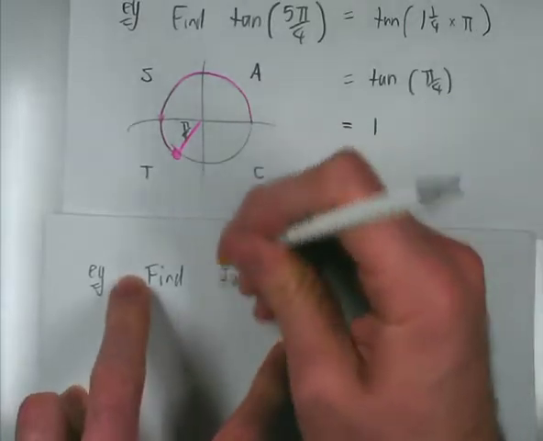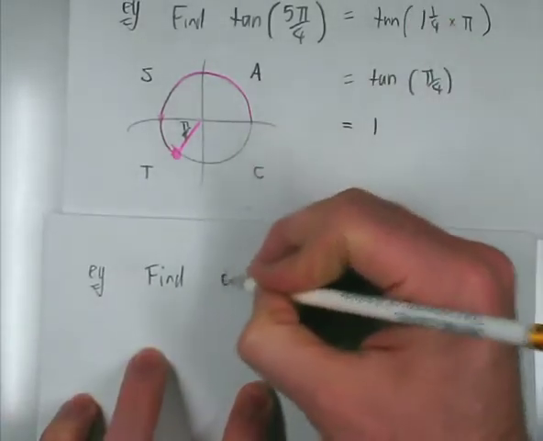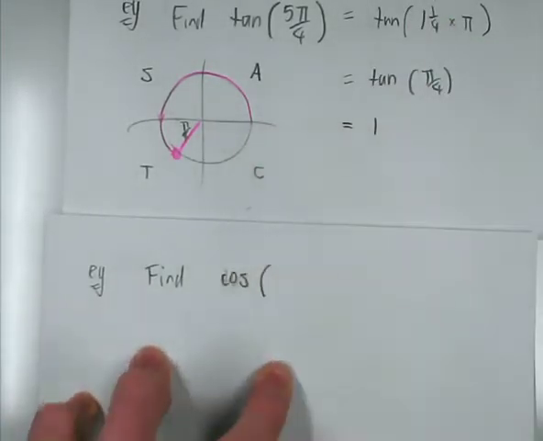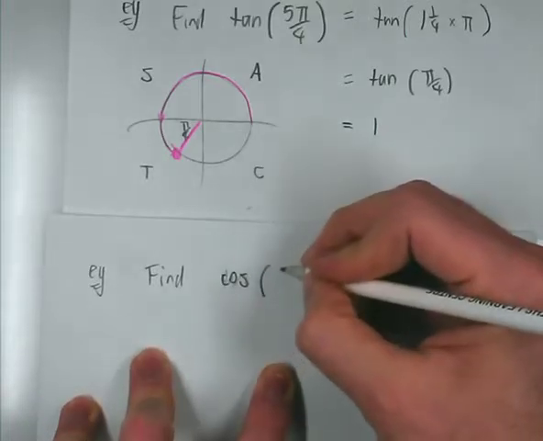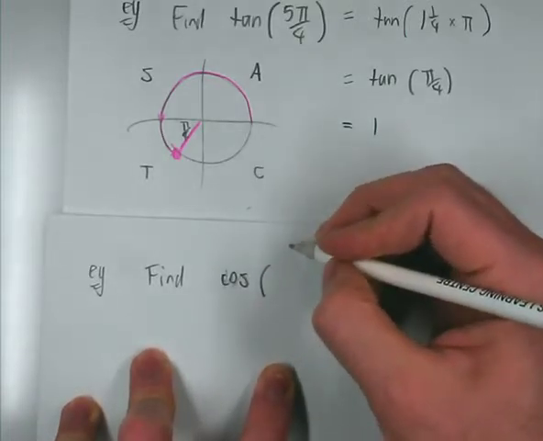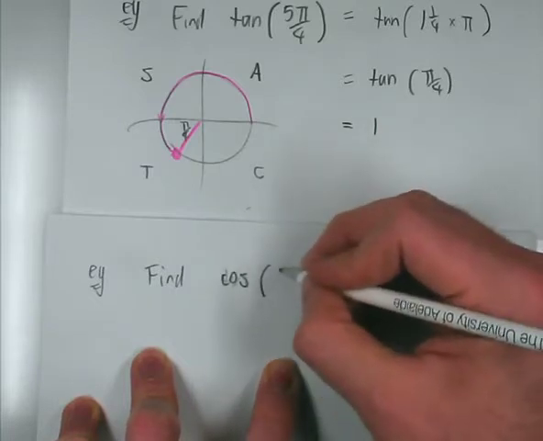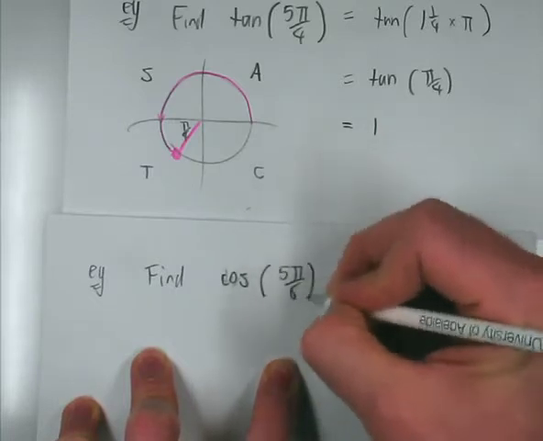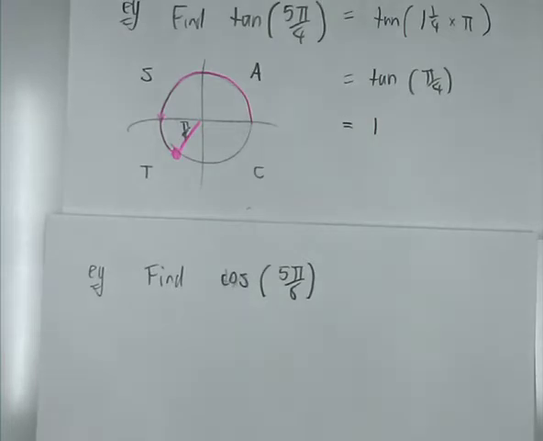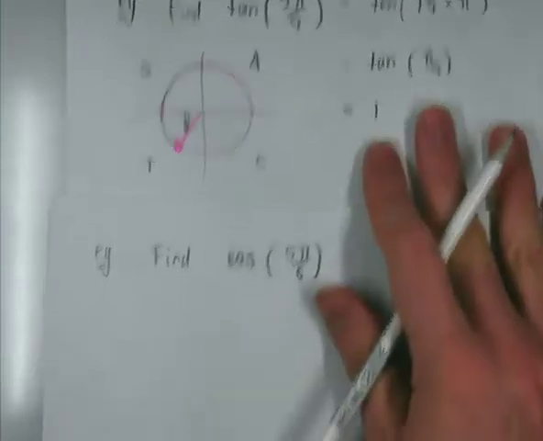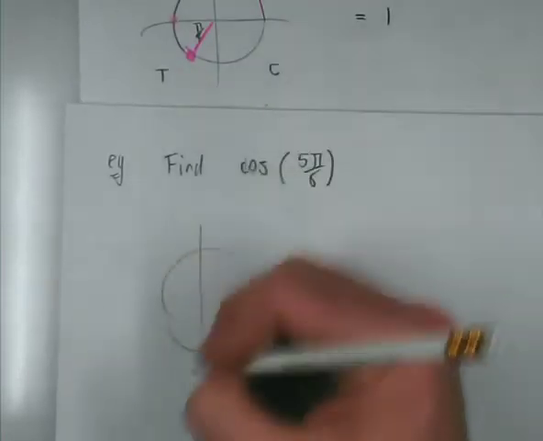I won't do tan, let's do cos. Let's do 5 pi on 6, hey? Okay, so that's already, as a mixed number, already less than pi, so we don't have to convert it to a mixed number to do this.